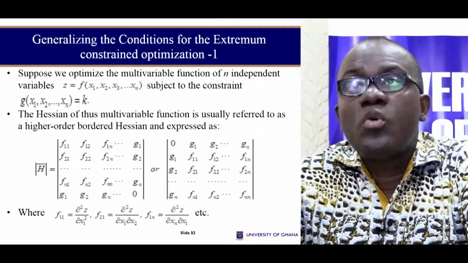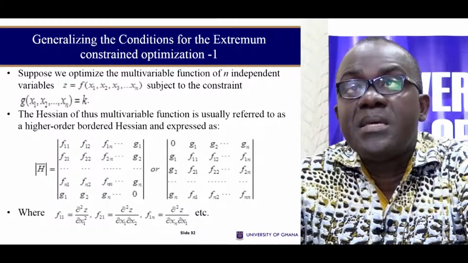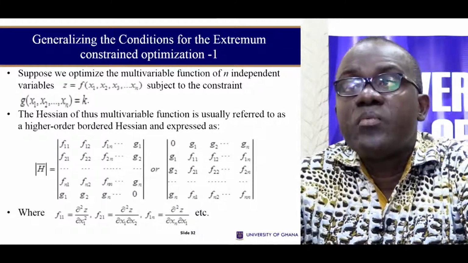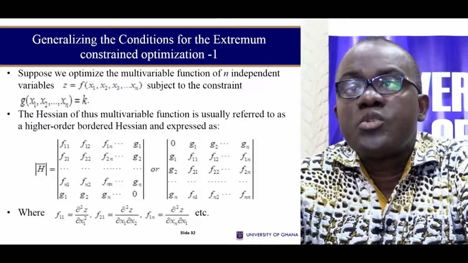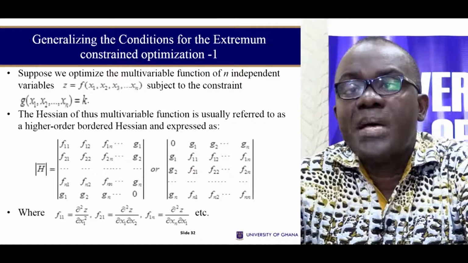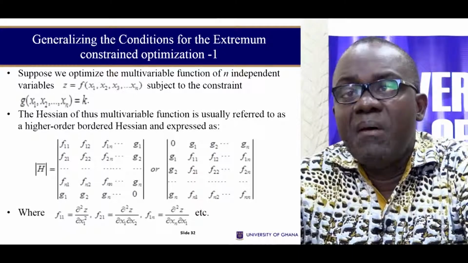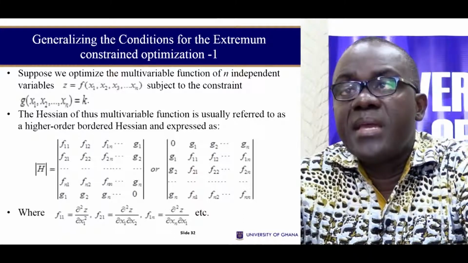So when we have an objective function of this nature, with n inputs, and we also have a constraint function, we can usually form our bordered Hessian in this way. These are the second order cross partials. This is the differential of the constraint function with respect to the variables, the first order, and our zero comes here. So the f is what I've defined over here.